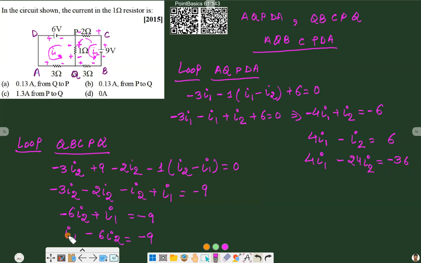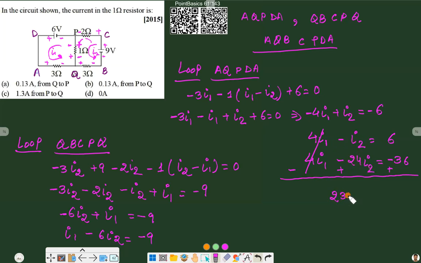We multiplied this whole equation so that we can do addition and subtraction easily, or our mathematics comes easy. So subtracting, this 4 I1 gets cancelled, and we have 24 I2 minus I2.